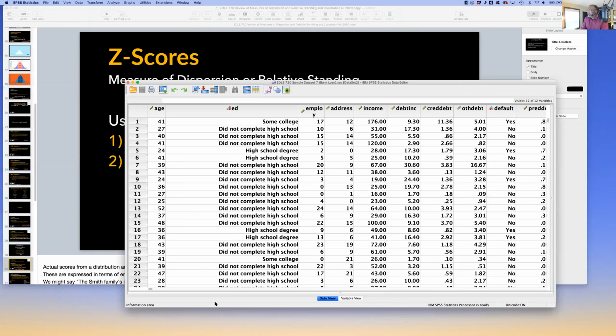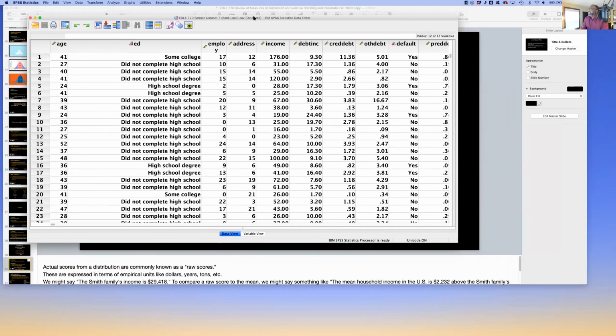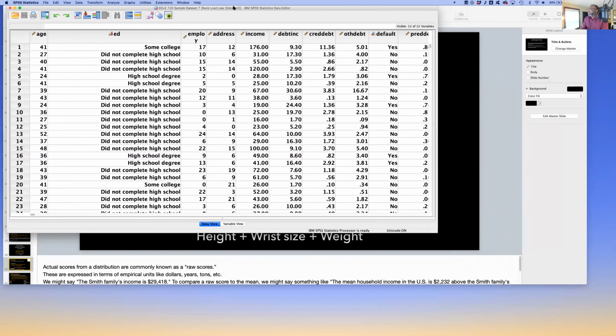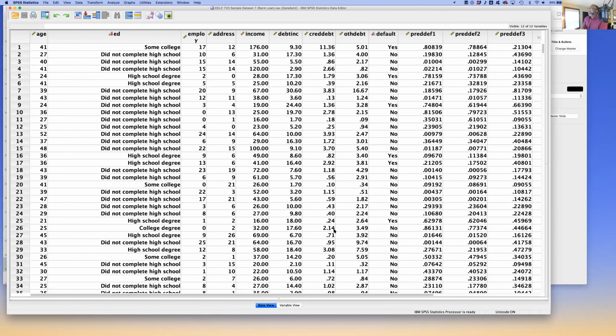And so to do that, I'm going to use this bank loan data set here. What I want to do is create, from what I have here, a variable that represents credit worthiness.